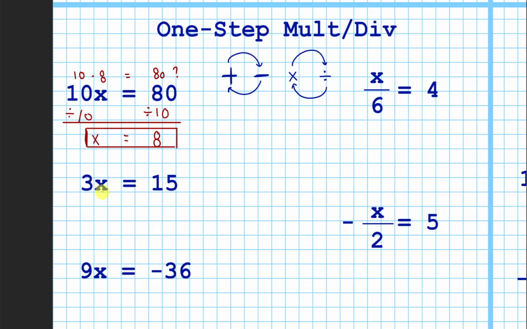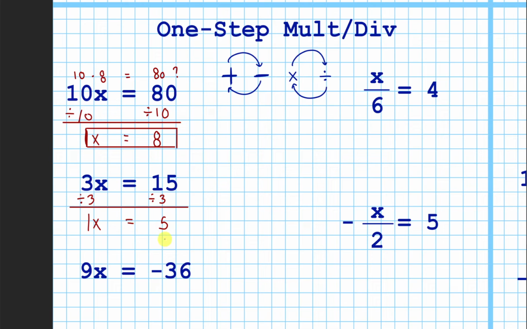Right here, I have 3x equals 15. That's really saying 3 times x equals 15. Well, the inverse of multiplication is, again, division. So I'm going to divide both sides by 3. Once I do that, 3 divided by 3 is 1x. And 15 divided by 3 is 5.